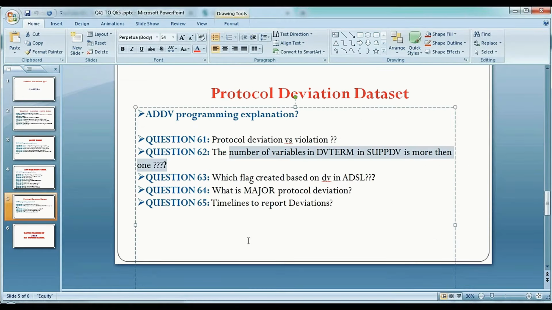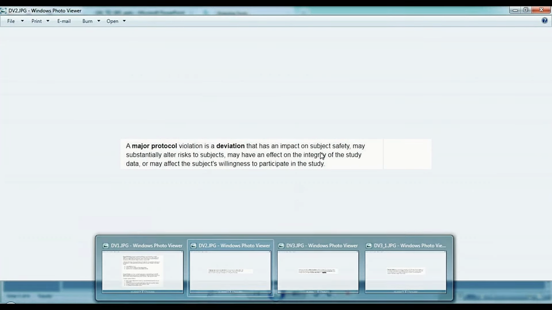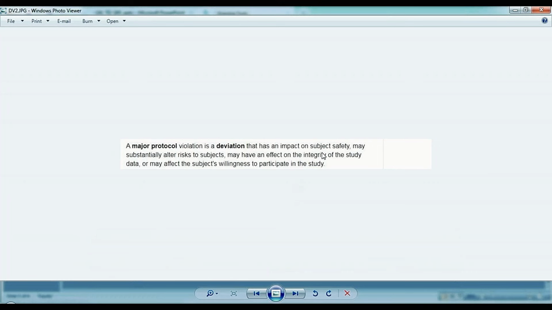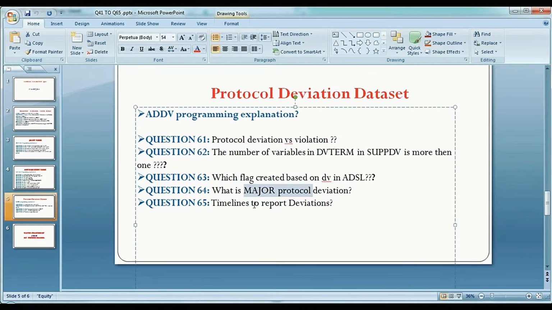Okay, so the flag here is the protocol population flag, and major protocol deviation means a major protocol violation that impacts safety; only then can we consider that deviation a major protocol deviation or violation. All violations are deviations, but not all deviations are violations. Okay, so the timelines to report are 10 days and 15 days. These are the contents of this video.